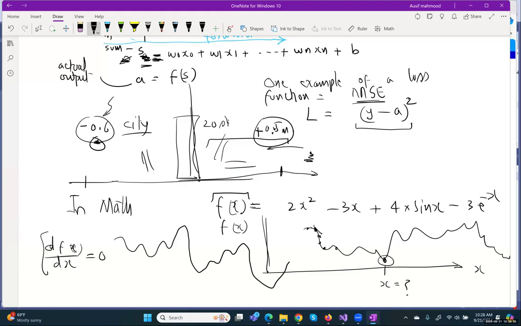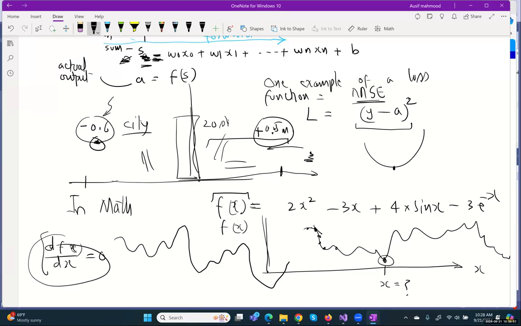It will work for a smooth function like this, like a parabola. It will give you the exact value if you calculate it like this, at what point it is the least value, right? But if the function is, like I said, complicated, going up and down, okay, then there is no closed form solution, okay?